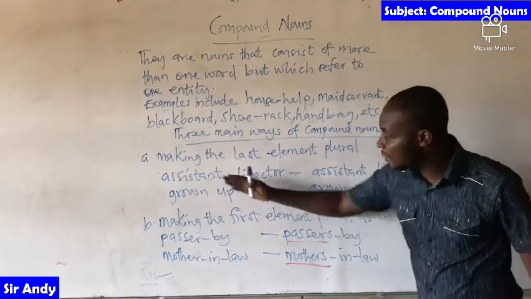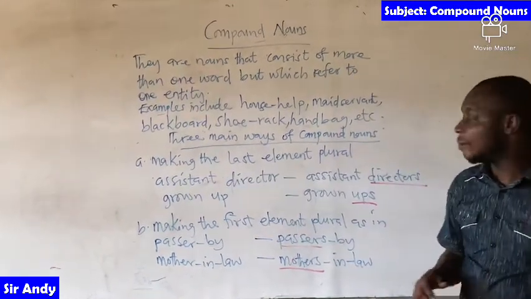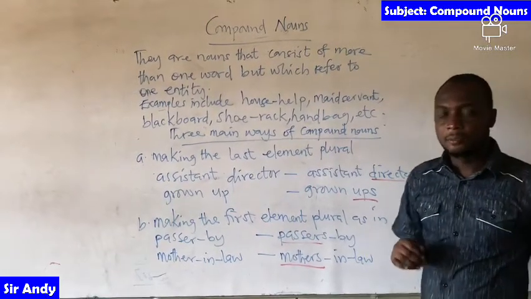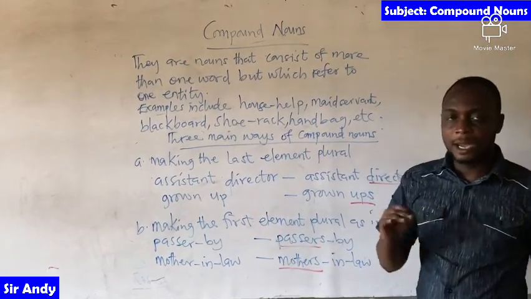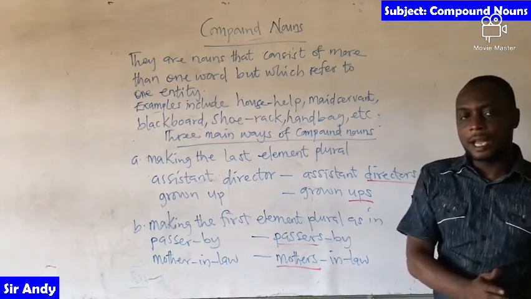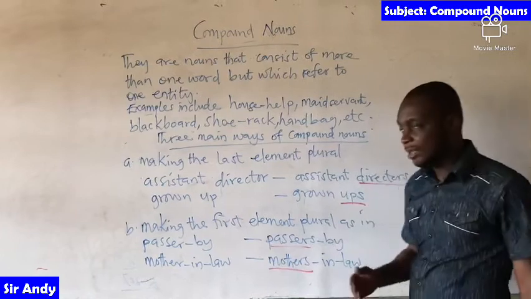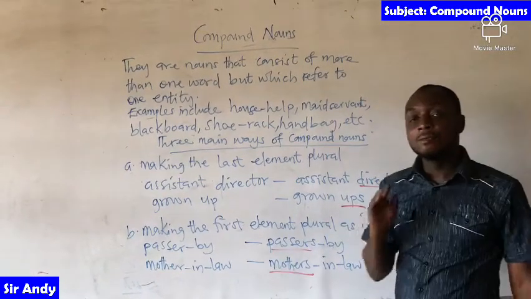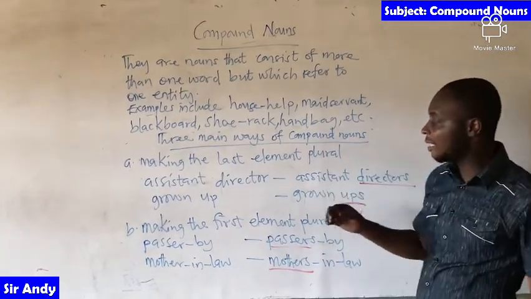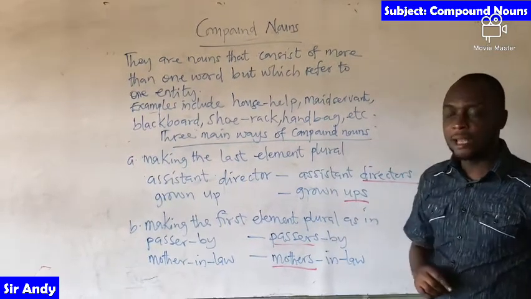And we have this here: making the last element plural. That is, we are dealing with singular compound nouns and their respective plural forms. The first way we are learning today is to make the last element plural.